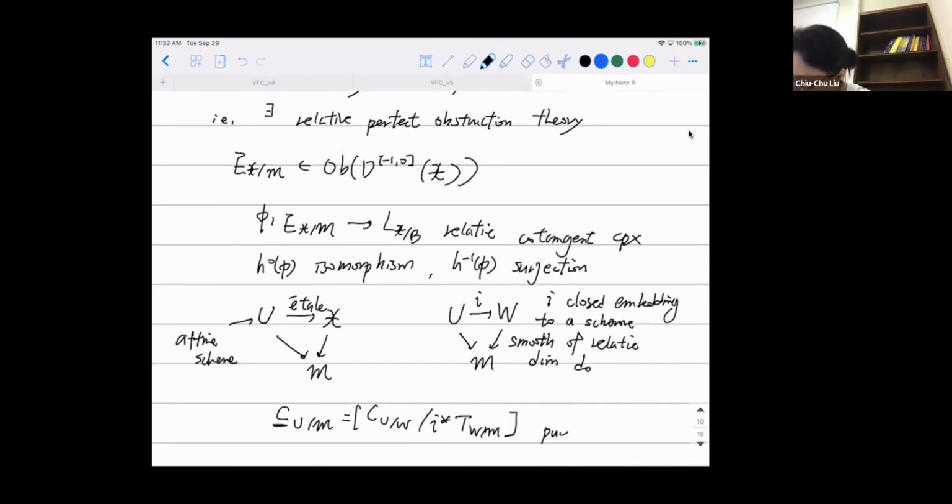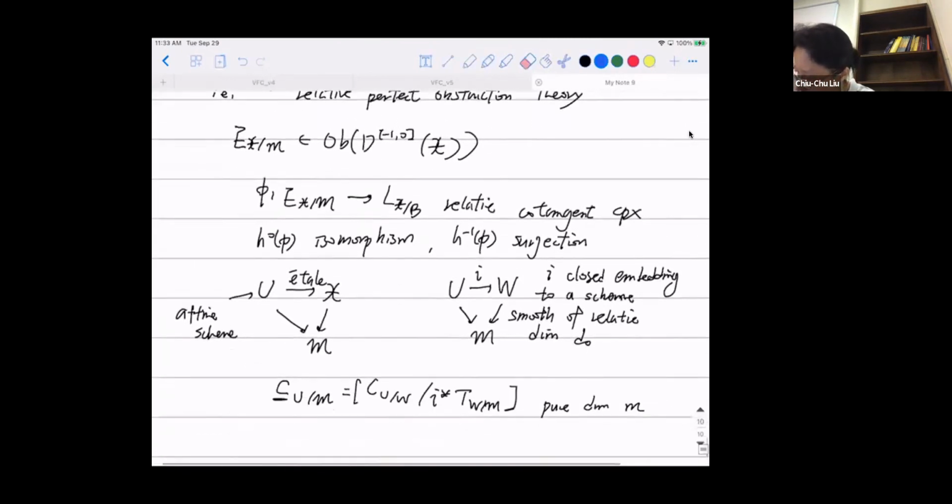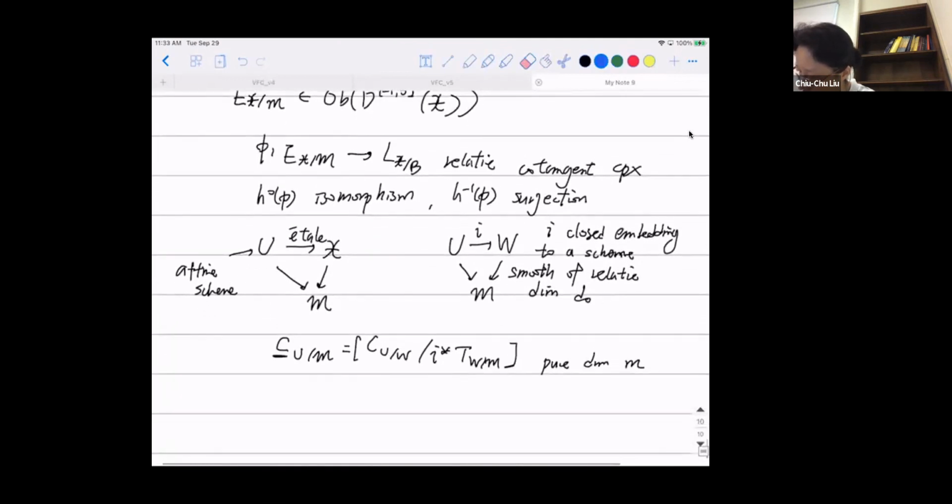So then we have the relative intrinsic normal sheaf.